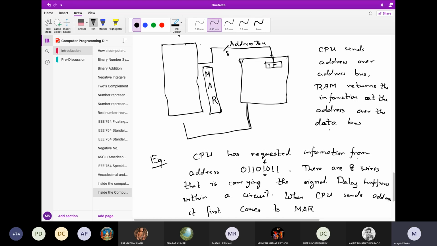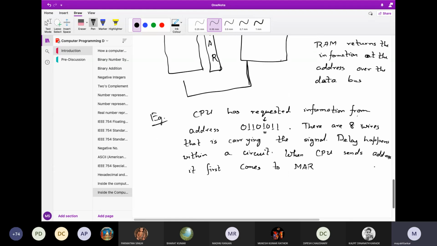At that particular clock edge, at that particular clock signal, all bits go to RAM together.